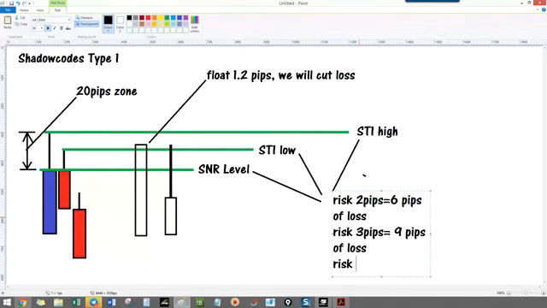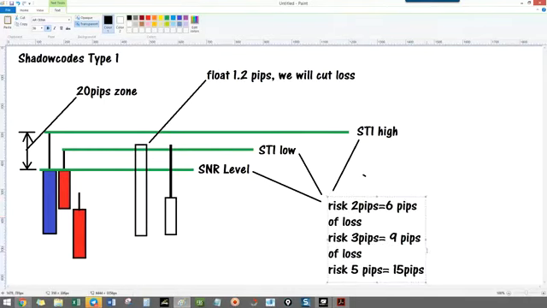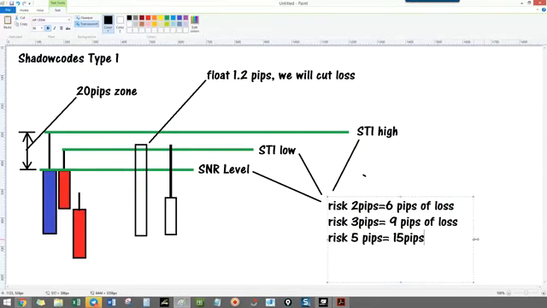If you risk 5 pips, that is the maximum, so 15 pips of loss.